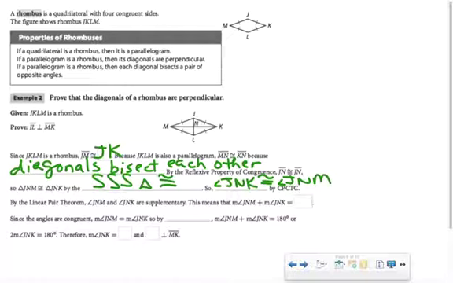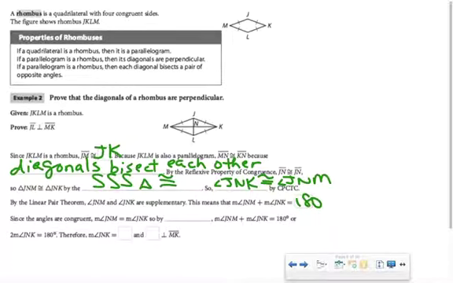By the linear pair theorem, I also know that they're supplementary. So them being supplementary means that they add up to 180. And since the angles are congruent, their measures are equal.